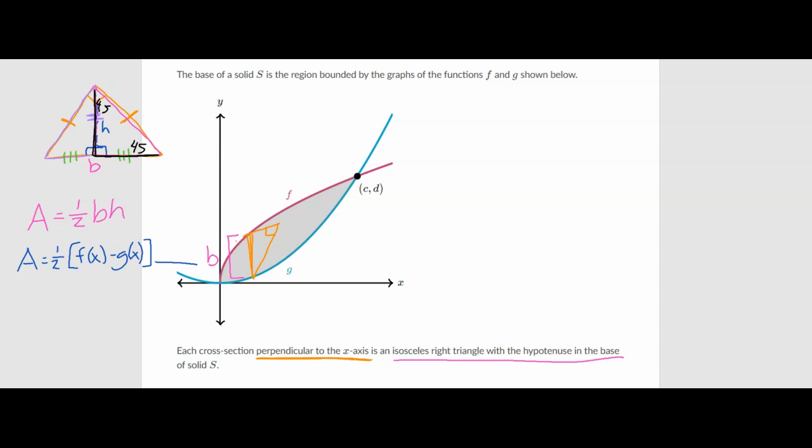Which means this triangle is isosceles, and this side is now congruent to this side, right? So we actually don't have to have 2 and 3 tick marks. We could just make those both 2.